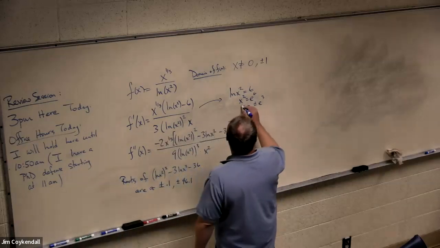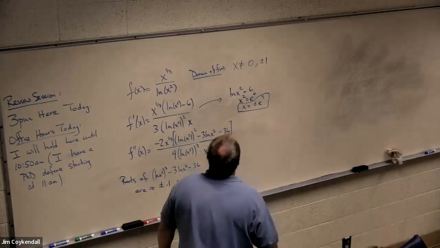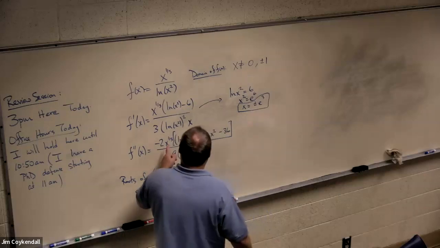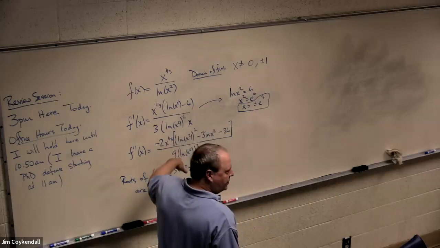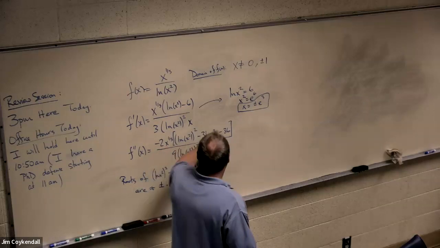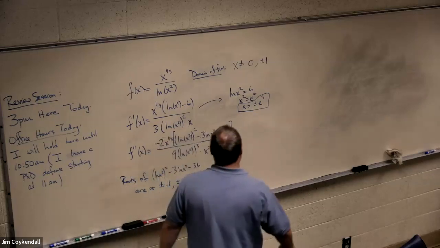Now, I'm also going to need x equals plus or minus e cubed here. What about down here? Well, make either the bottom or the top 0. Well, 0, I've already got it. Oh, this can be 0. And I've got this.